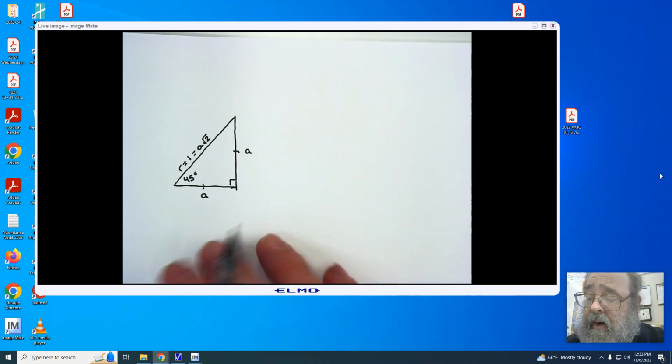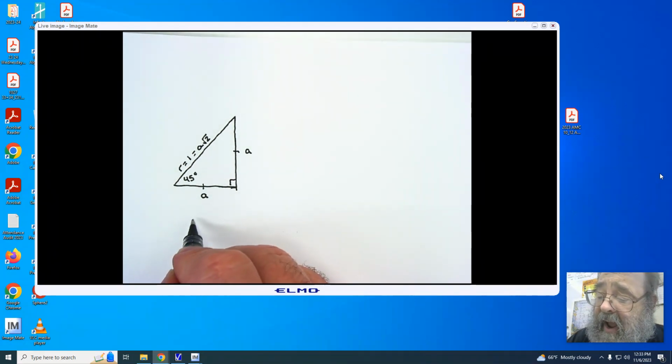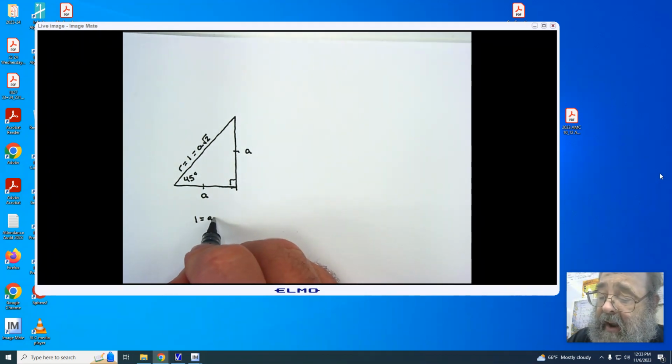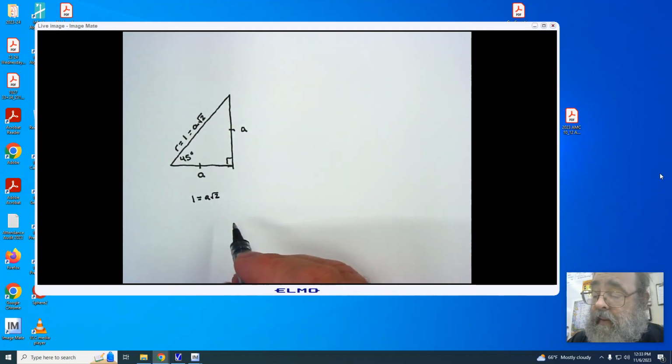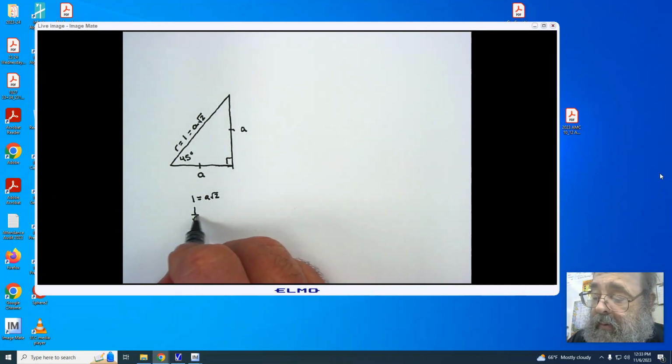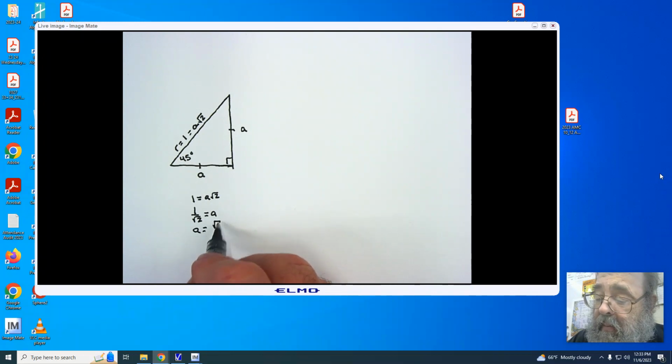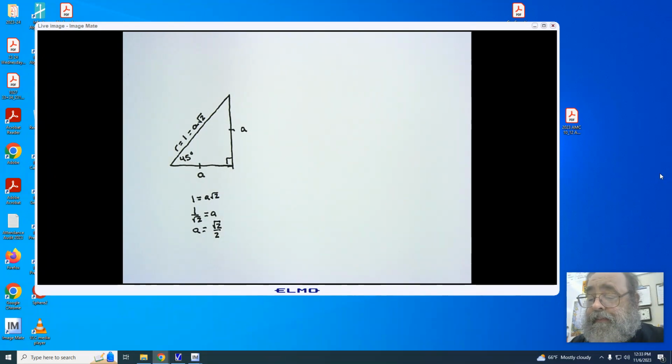And so we're going to simply identify that if I have 1 equals a root 2, then I know that 1 over root 2 has to be that a value. And because we do not allow radicals in the denominator, we have to call it root 2 over 2.